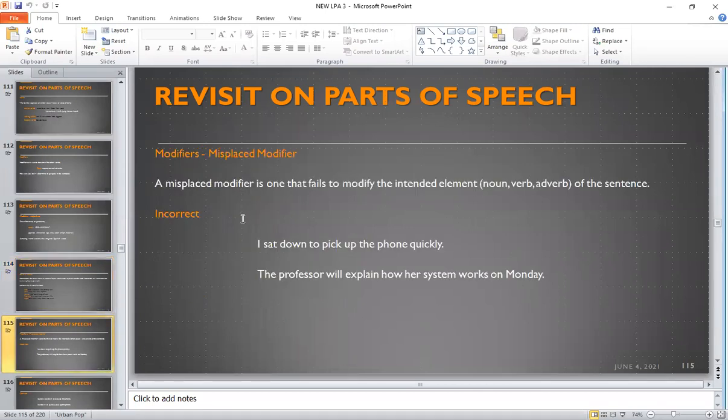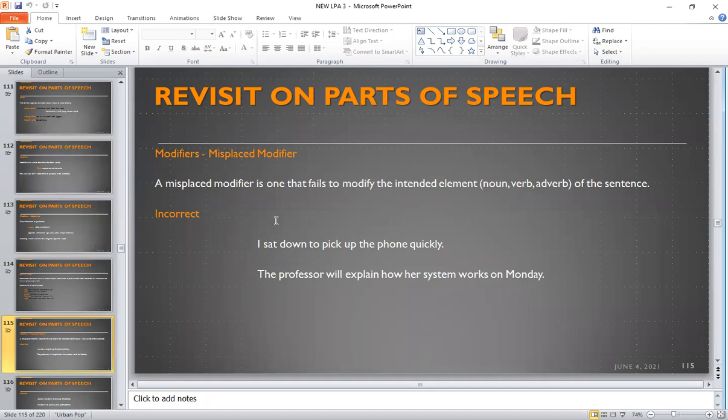Next, misplaced modifier. A misplaced modifier is one that fails to modify the intended element, noun, verb, or adverb of the sentence. Incorrect: I sat down to pick up the phone quickly. The professor will explain how her system works on Monday. If you read it aloud, it actually sounds correct, right?